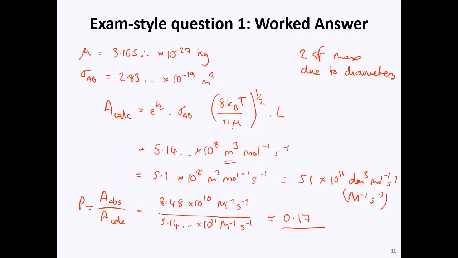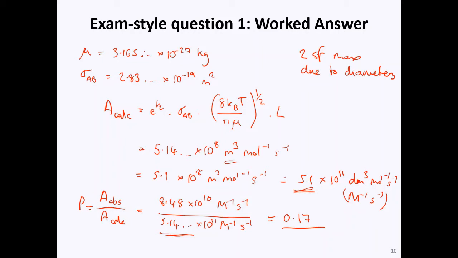Now, key point here again, I used the value with the full accuracy in doing this calculation, so don't forget that when you're doing calculations, keep the accuracy in, but at the end I have again rounded it to 2 significant figures because that's the appropriate number, judging by the significant figures for A calc in the first place.